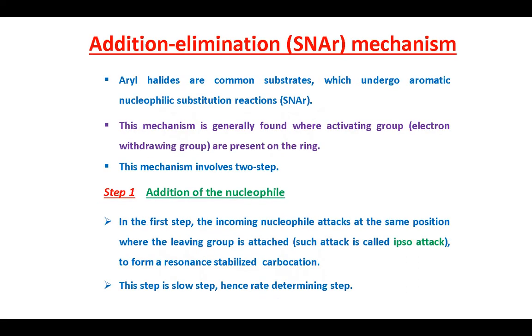Next mechanism is addition-elimination mechanism. The SNAr mechanisms follow addition-elimination steps, where first the incoming nucleophile gets attached to the substrate, and then elimination of leaving group takes place. In this type of reactions, aryl halides react with strong nucleophiles to give substitution products.